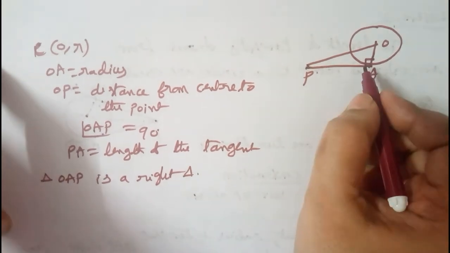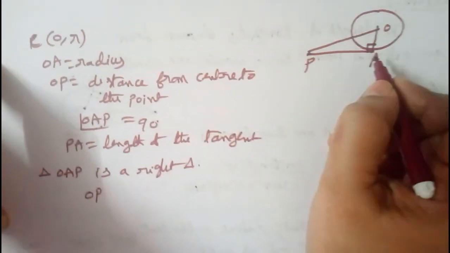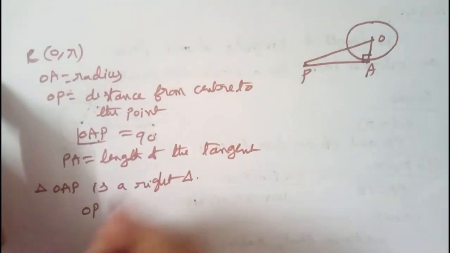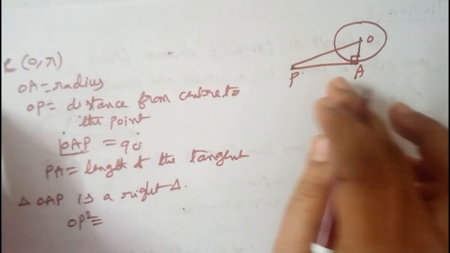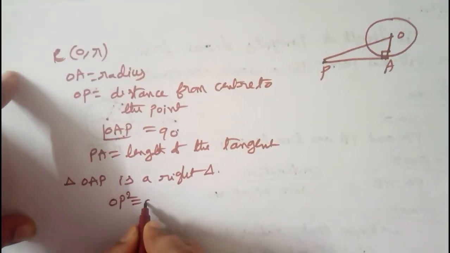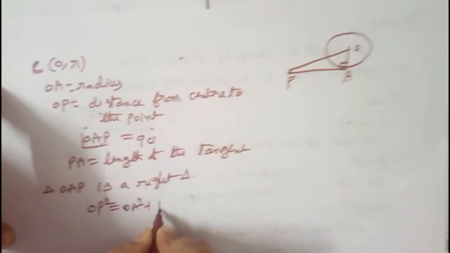If you apply the Pythagoras theorem, OP is the hypotenuse, the side opposite to the right angle. So OP square is equal to the sum of the squares of the other two sides. OP square is equal to OA square plus PA square.